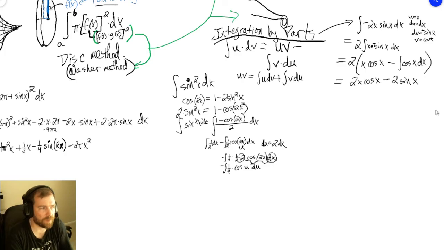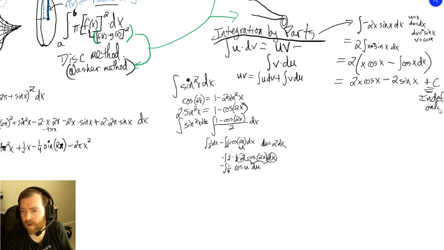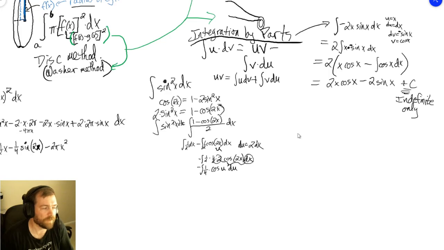Technically, at this point, there is also a plus c, but keeping in mind, we are doing this as a definite integral, so we don't actually need the plus c. For indefinite only, we're going to have that plus c. For a definite integral, we don't actually need to have it.